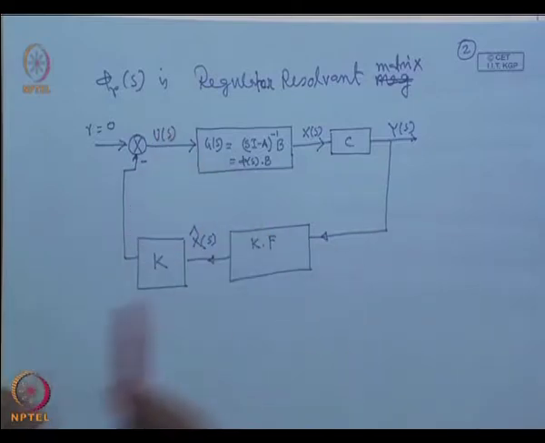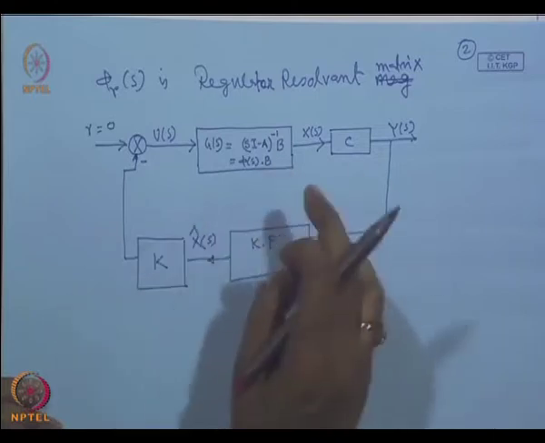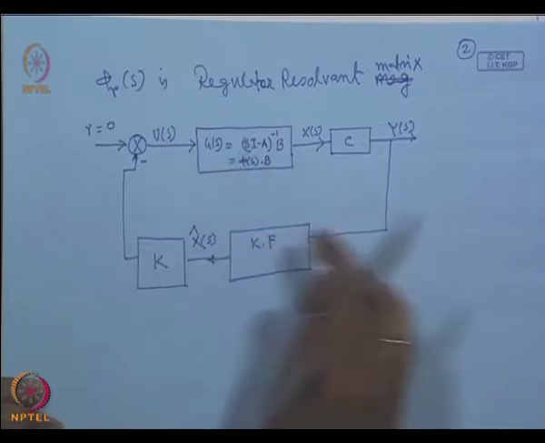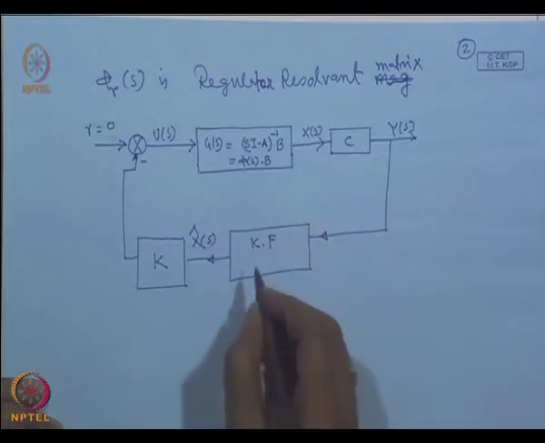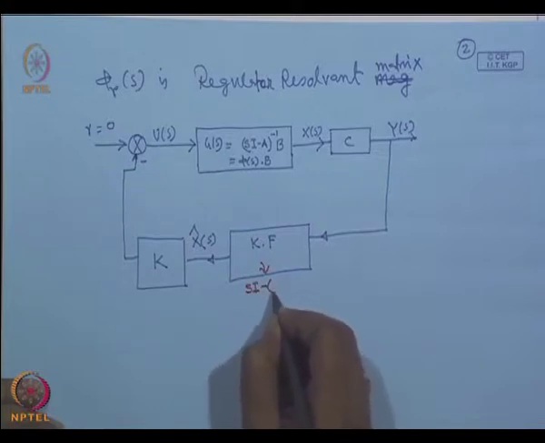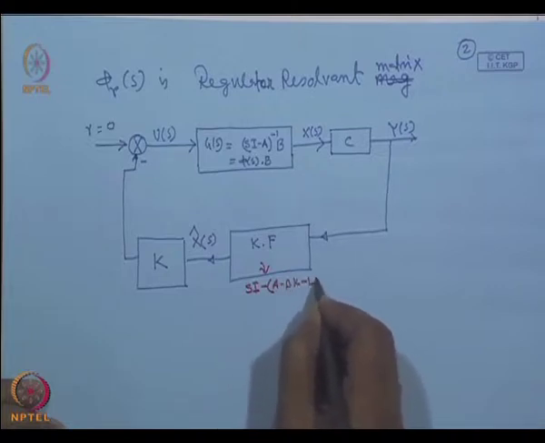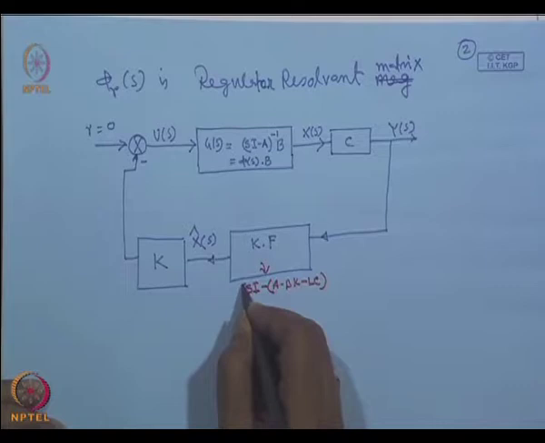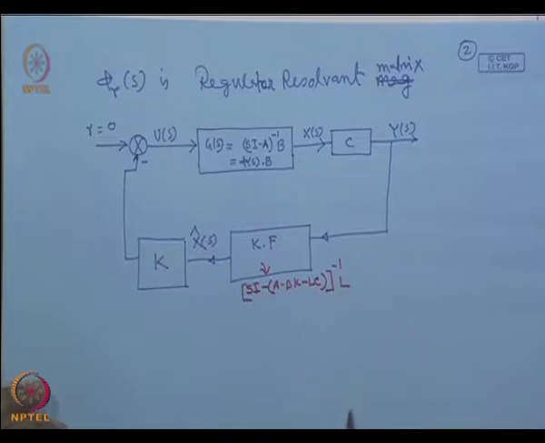Agree? Inside this Kalman filter structure, the input information is also there and the output information is also there, so this is inbuilt. So basically, in transform domain, it is (sI minus A minus BK minus LC) whole inverse into L. Agree?